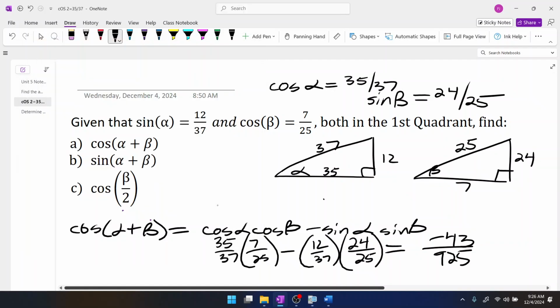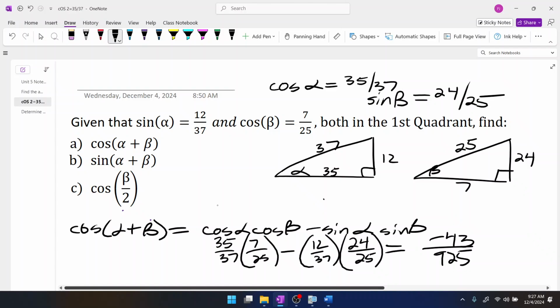And even though alpha and beta were both first quadrant angles, if you add two first quadrant angles together, their sum will be in the second quadrant, and that's why the cosine ends up being a negative.